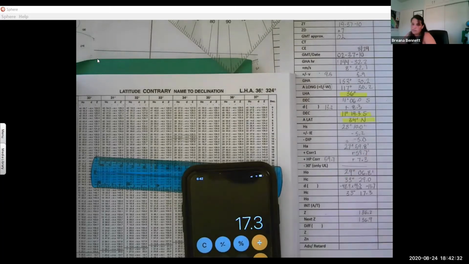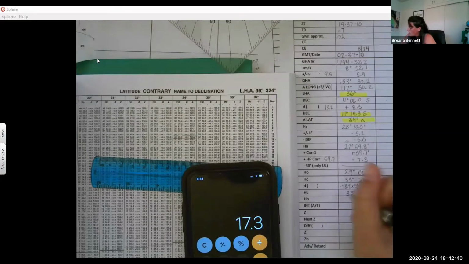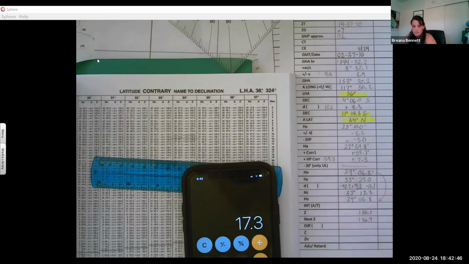33 degrees. Then I'm just going to move my HO down here, 29 degrees 06.8.